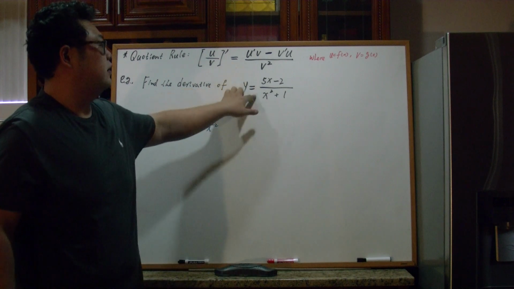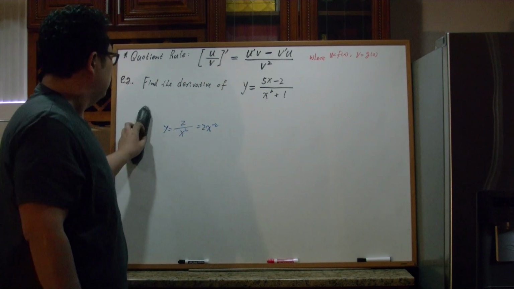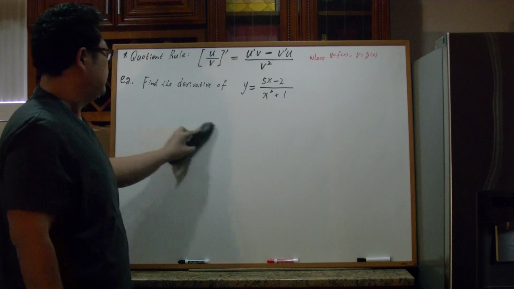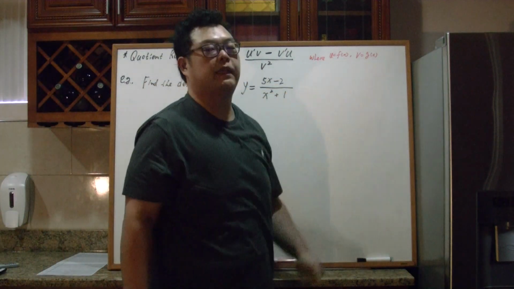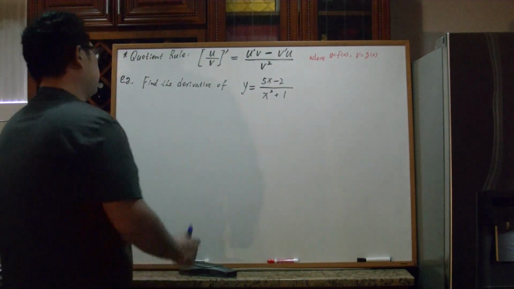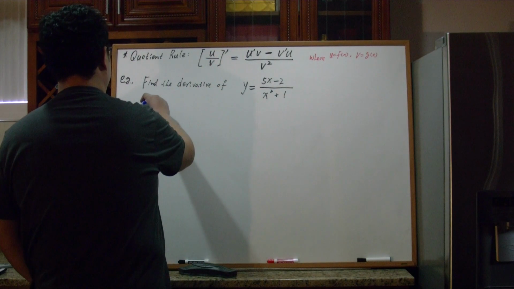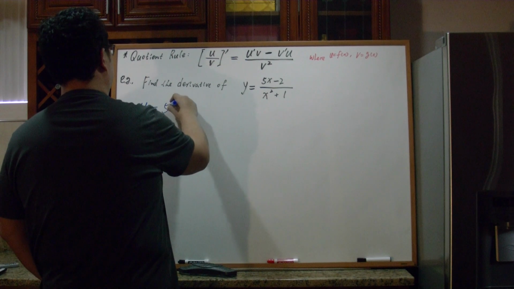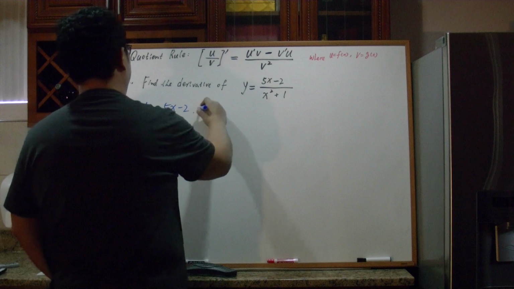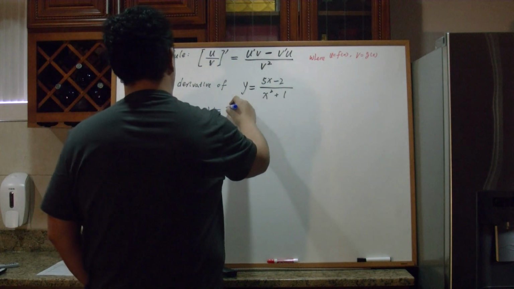Here it is function over function, which means we need to apply the quotient rule, right? The numerator is a function of x, the denominator also contains x. So we need to identify, like the product rule. The first step is to identify them. We let u be the numerator, we let v be the denominator.